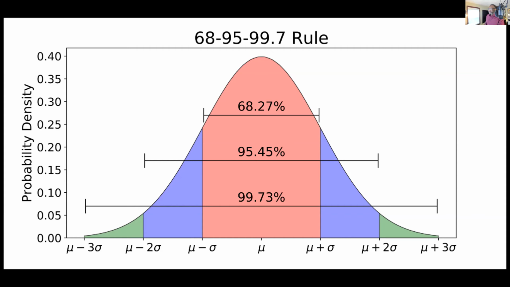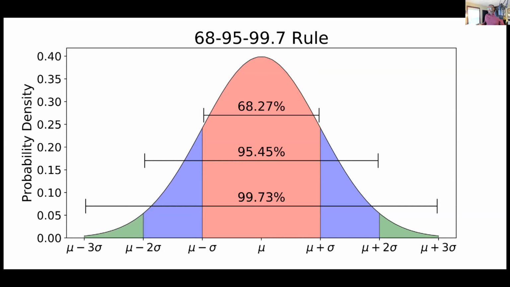So if your standard deviation for a classroom SAT score is 50, then basically that says that almost 70% of all of your SAT scores are going to fall within plus or minus 50 points of the mean or the average.